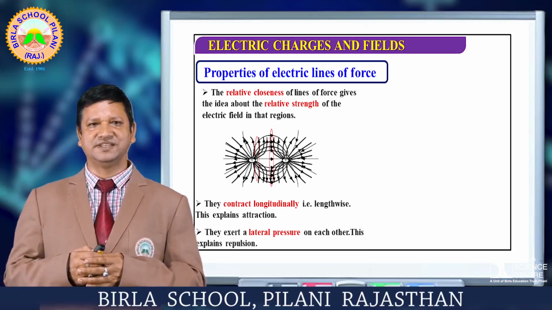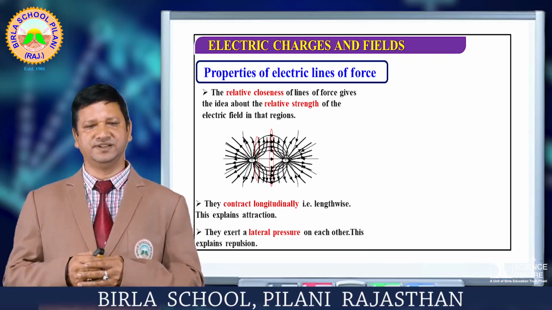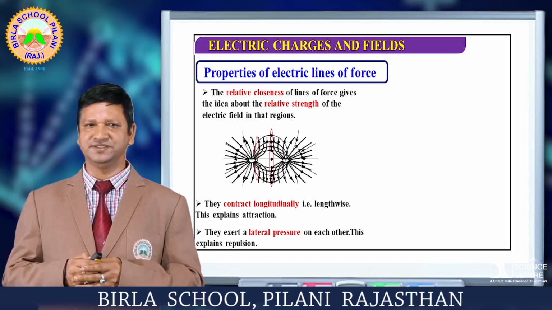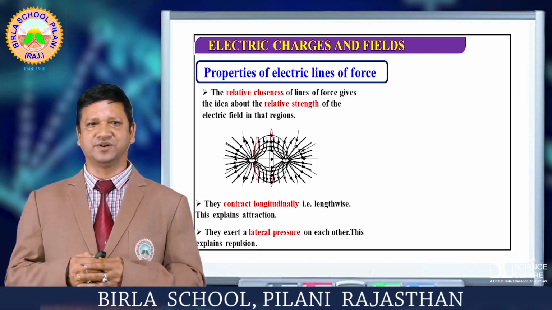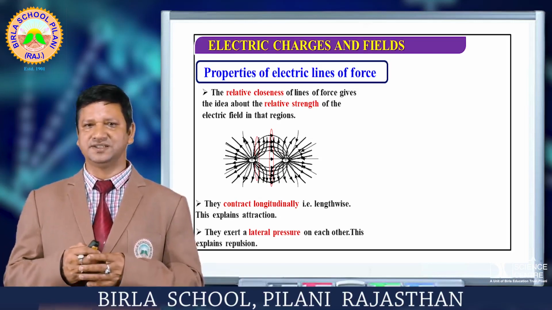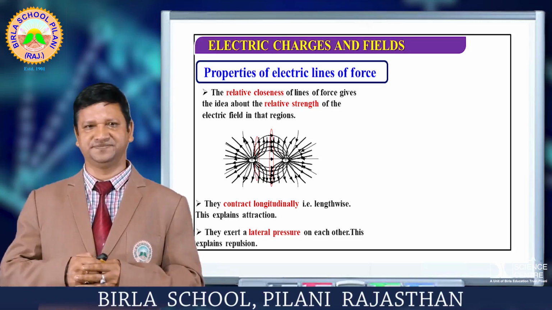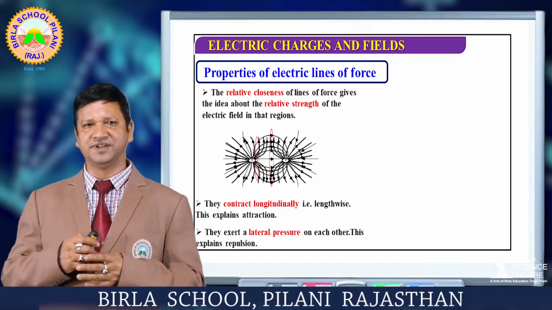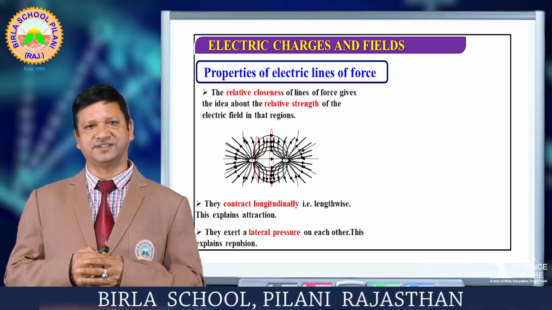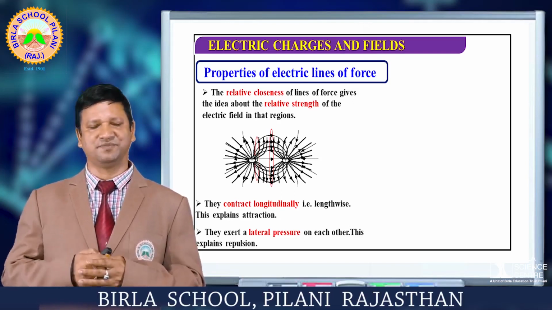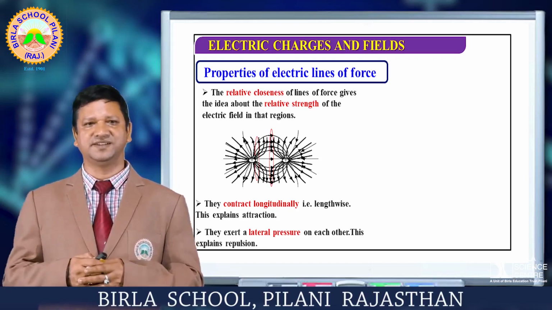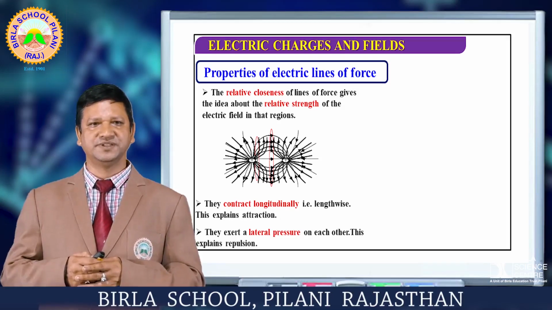Yes, they contract longitudinally, that is lengthwise, which explains the concept of attraction. This is the beautiful explanation of how the electric field lines start from positive and end at negative.